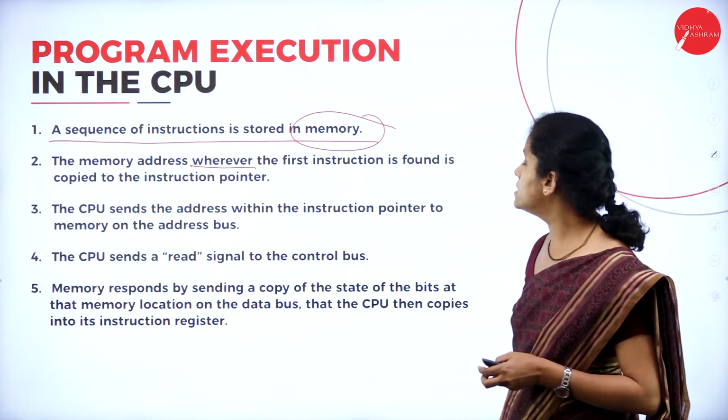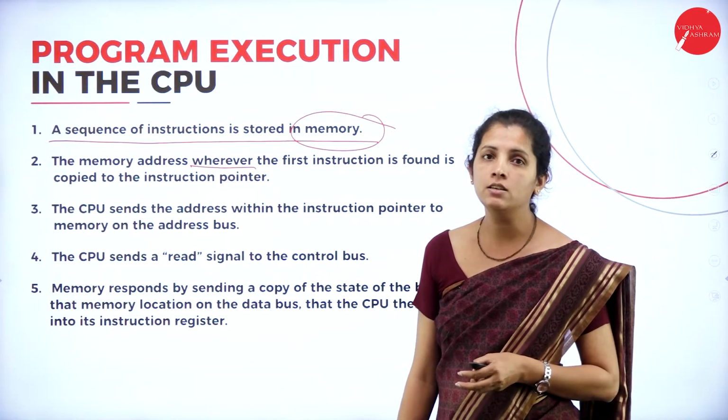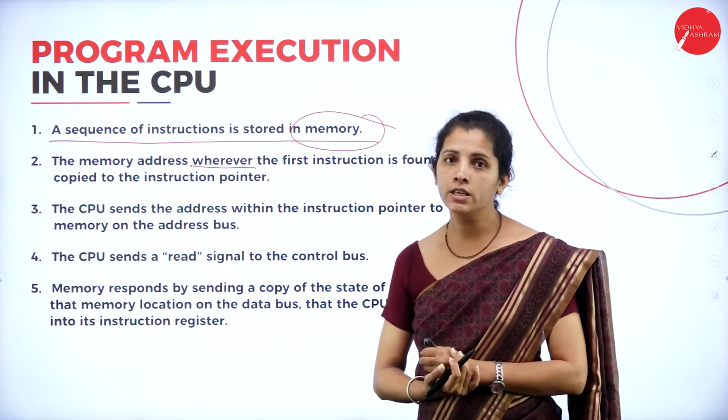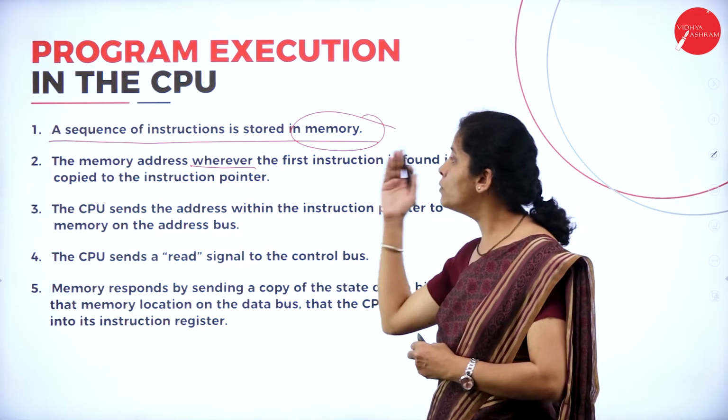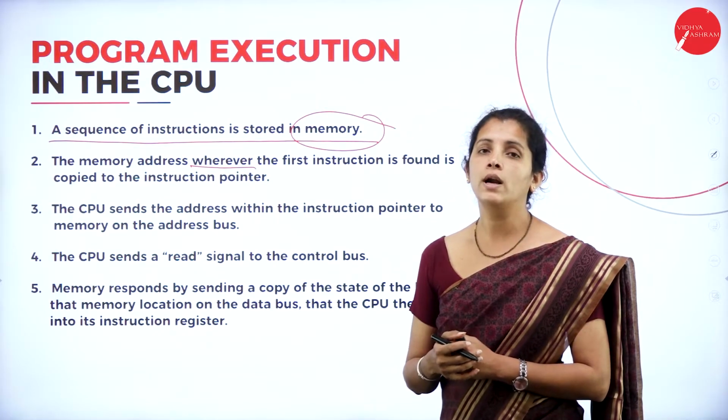Wherever the first instruction is found is copied to the instruction pointer. So, dear student, here we are going to encounter the topic called register. So what is a register?